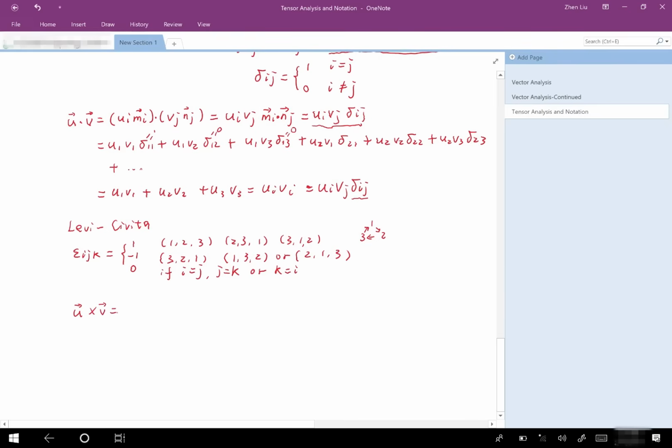In the past, the way that I showed you guys is that this one equals the determinant of e_i, e_j, e_k, then u_i, u_j, u_k. Let's use 1, 2, 3, okay? So here, to avoid confusion, because we are running out of symbols, let's use 1, 2, 3, u1, u2, u3, and v1, v2, and v3.